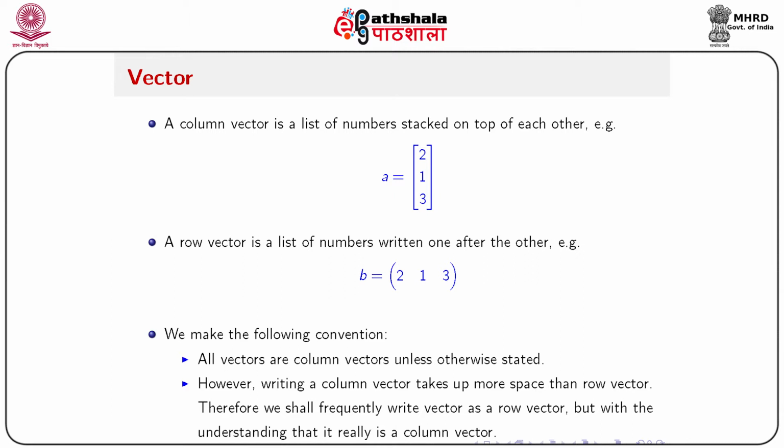We make the following convention: in what follows, all vectors are column vectors unless otherwise stated. However, writing column vectors takes up more space than row vectors. Therefore, we shall frequently write vectors as row vectors, but with the understanding that it really is a column vector.